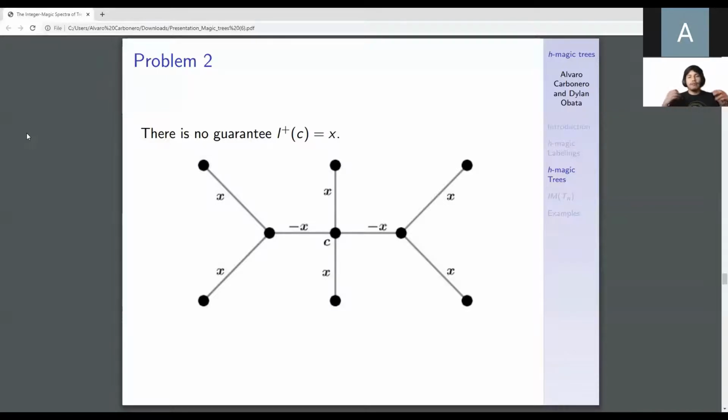Every single other vertex in this tree is going to have the labeling x, but the center. And actually, it doesn't matter what x you choose, and for any h, the labeling of the center will always be 0. So in this tree, the integral magic spectrum is also the empty set, because there is no way, no matter what x you choose, and for which h, for the center to have the constant labeling, while at the same time the other vertices have the same labeling.